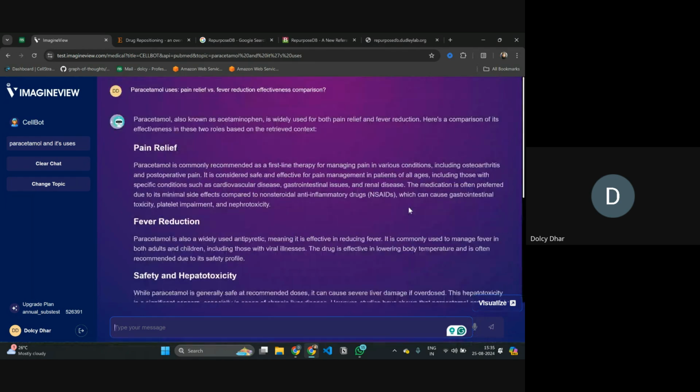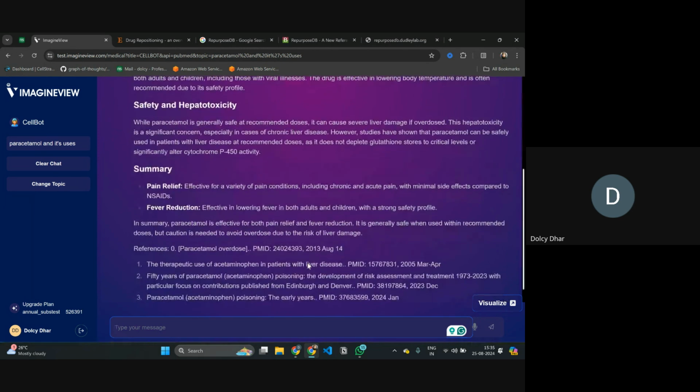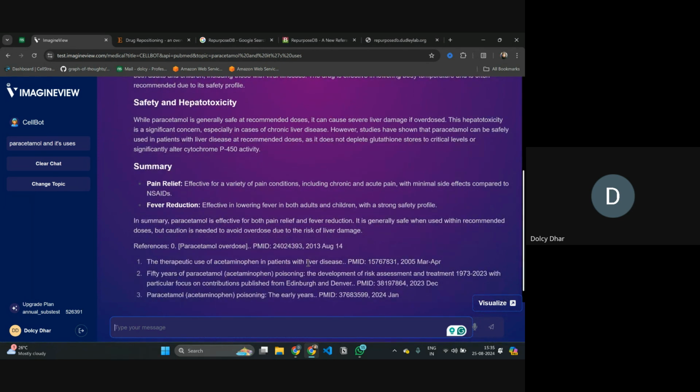Right now, the question was pain relief versus fever reduction. Paracetamol has been used for managing pain, but you might have observed that it is also given in times of fever. So it has a duality: you can use it for two different conditions, and also for chronic and acute pain.